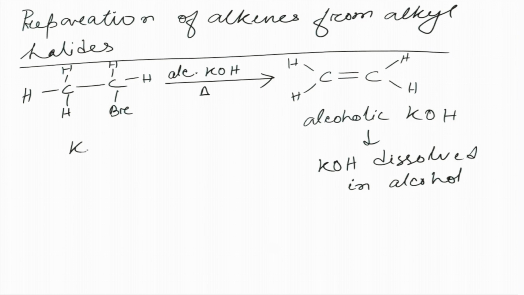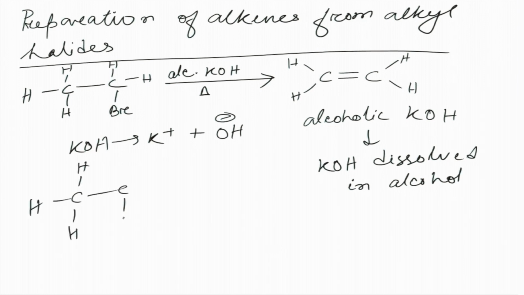KOH is a base, so it will give K plus and OH minus. OH minus will take up one hydrogen from the beta carbon. Why beta carbon?